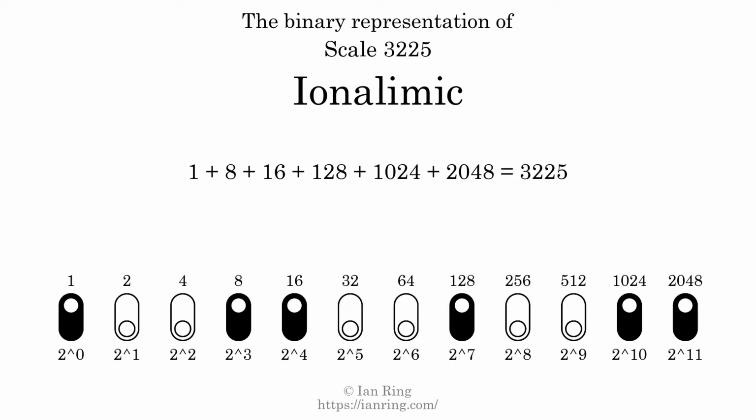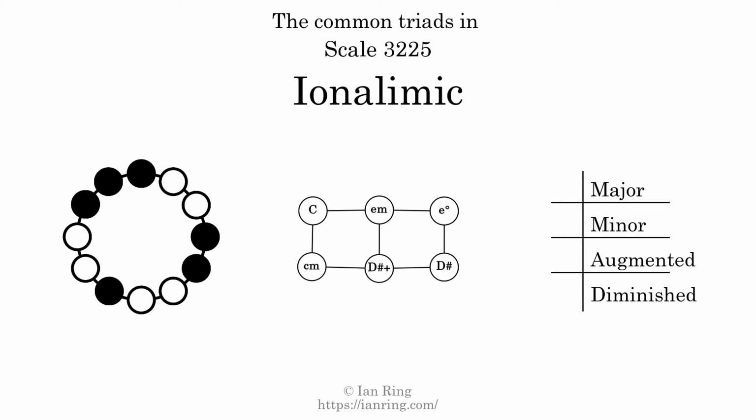That is why the scale number, in decimal, is 3225. The scale number not only enumerates the scale with a unique index, but it also literally describes the tonal content of the scale. Represented as a binary number in base 2, the scale number is 110010011001.